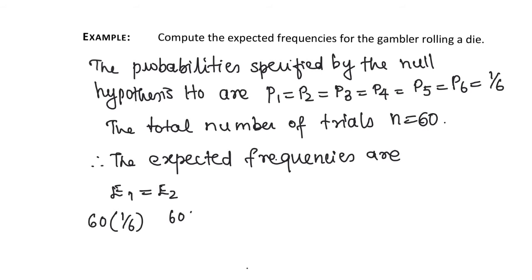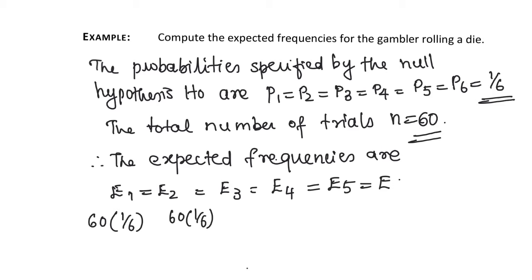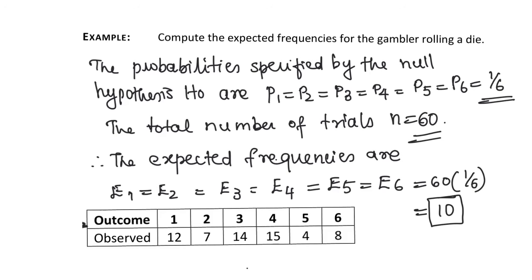E2 also will be 60 times 1/6. E3 also will be the same, 60 times 1/6. You are multiplying the probability by the number of trials. All of these will be equal to 60 times 1/6, that is 10. So that is the expected frequency.